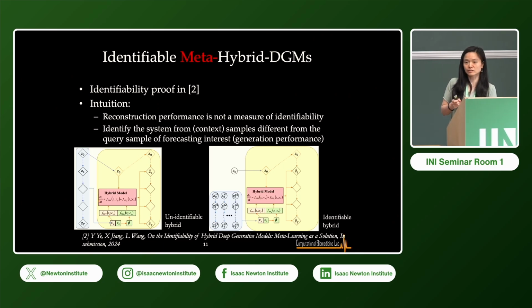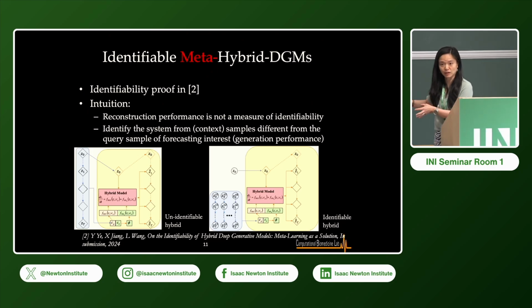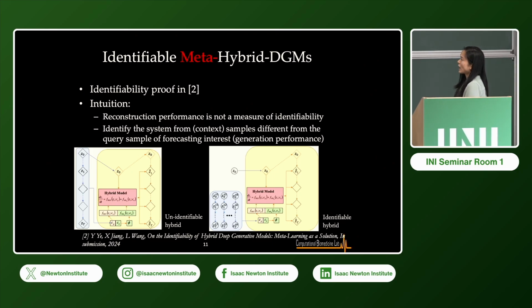The true evidence for identifiability is that you can take this identified model and predict something else, right? So this is exactly what this meta formulation means. In the meta formulation, you are identifying your latent variable from some examples that come from the same system as the thing you're trying to generate, but it's not the same data.